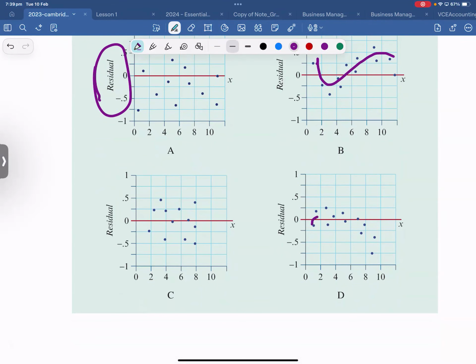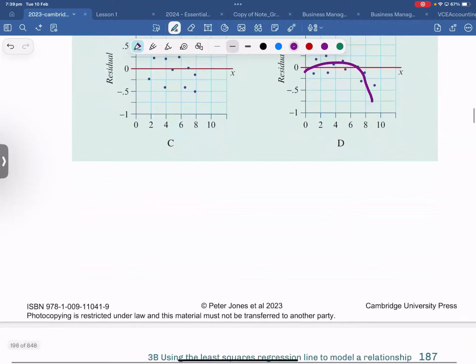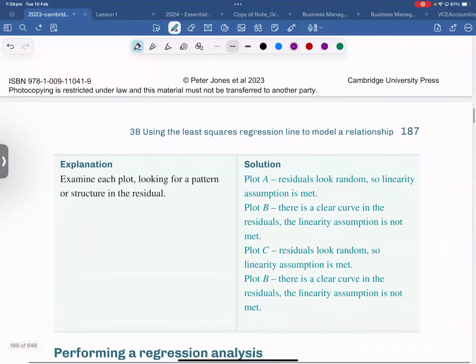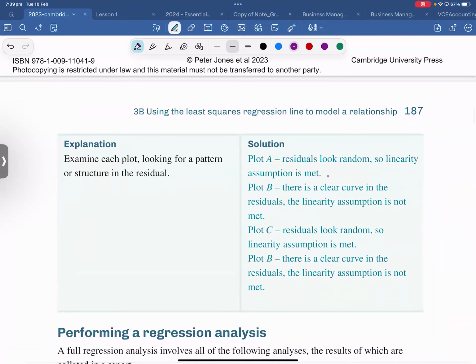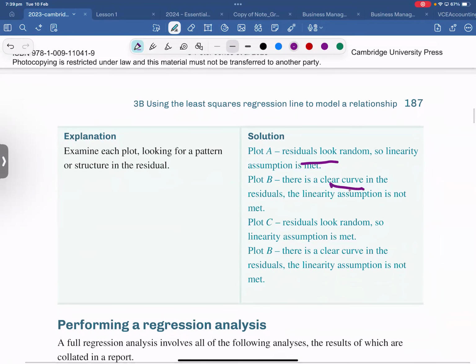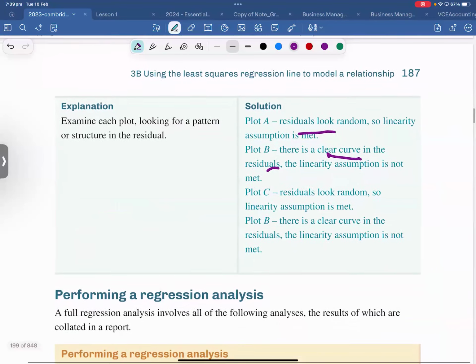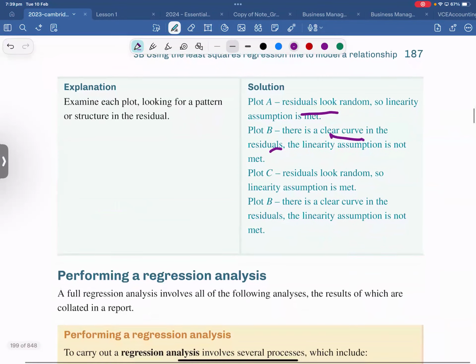Non-linear. Why? Because we can see a clear pattern here actually. Yep, curving down. Residual plot is random, so linear assumption is met. Clear curve in residual, so linear assumption is not met. Yep. So basically, what we said is correct.